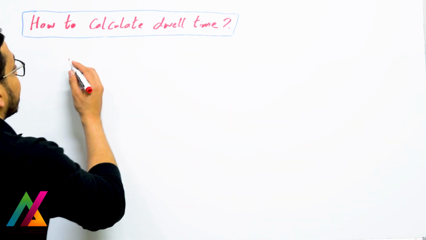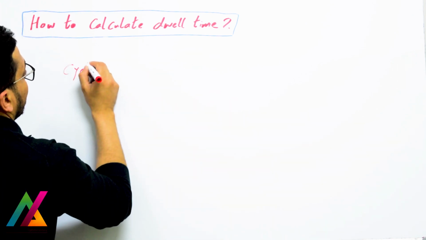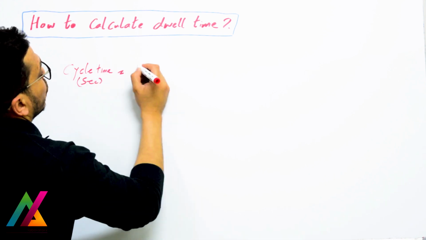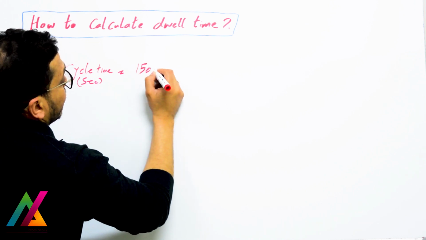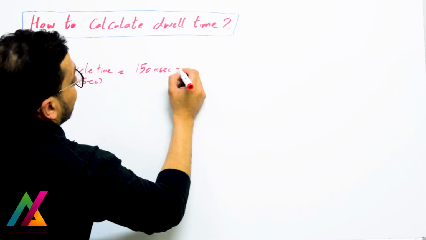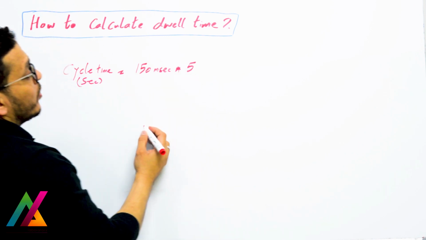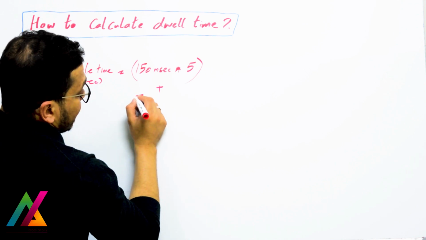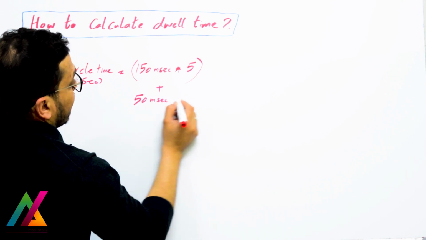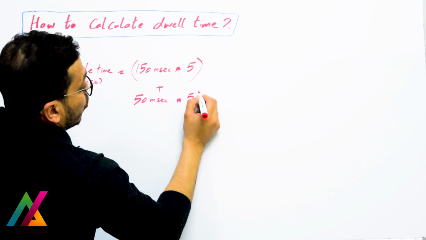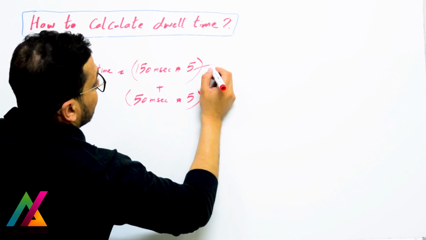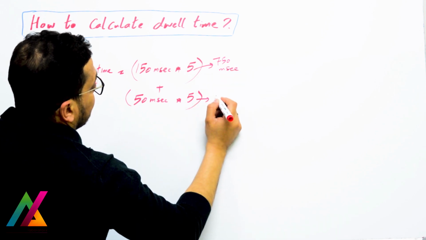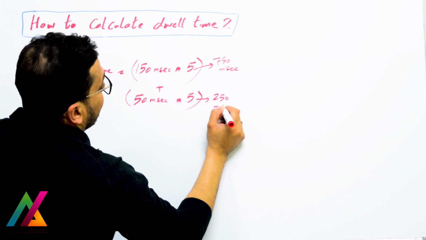And to calculate cycle time for this example, cycle time in seconds will be equal to dwell time, 150 milliseconds, multiplied by the number of MRM transitions, 5, plus pause time, 50 milliseconds, multiplied by the 5 MRM transitions also. That is 750 milliseconds, and that is 250 milliseconds.